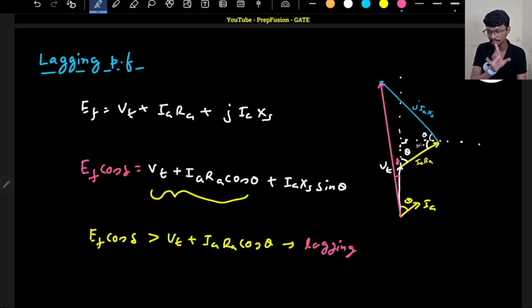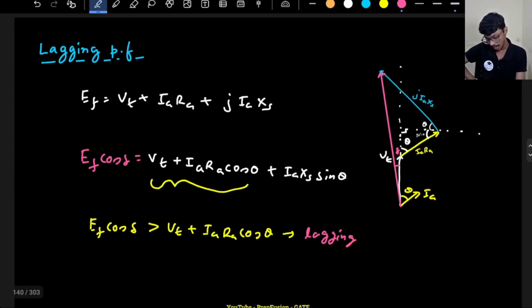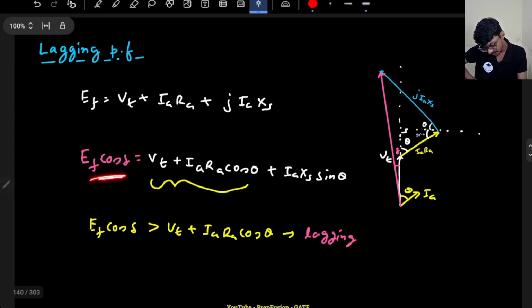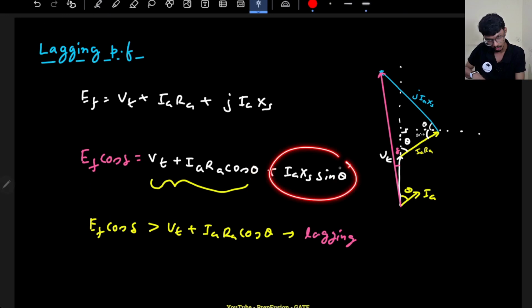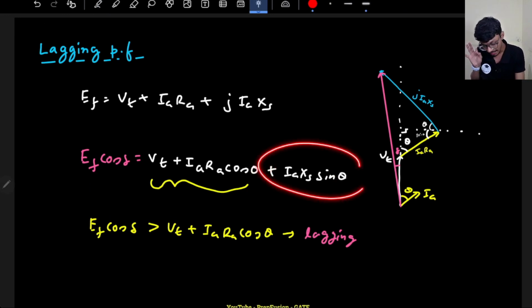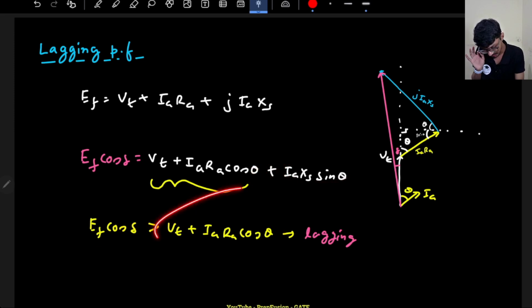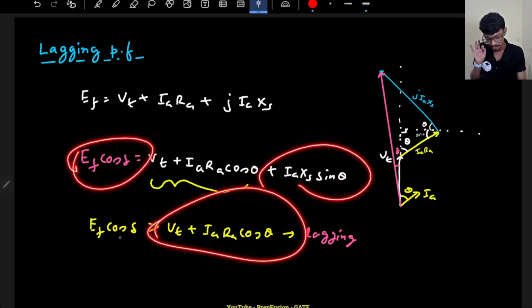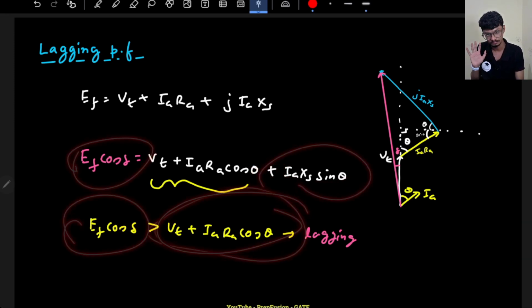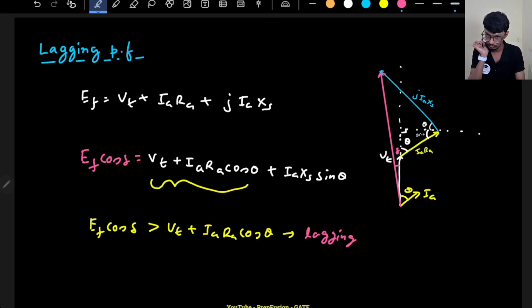Again, do you need to remember it? No. Draw the phasor diagram. How? Because Ef cos delta is higher. Because I'm adding something, all these are lengths, positive quantities. So I'm adding something to this value to get this, so Ef cos delta has to be higher than this value. Same conclusion, and the other case is a homework task for you.